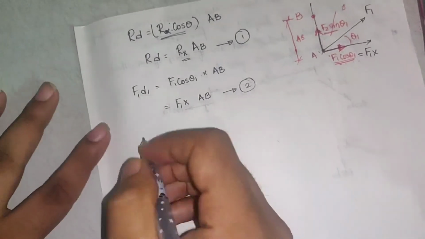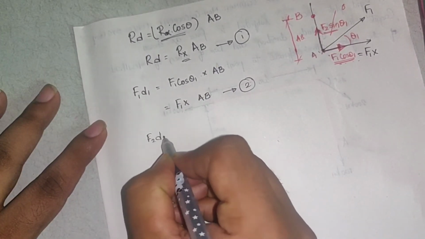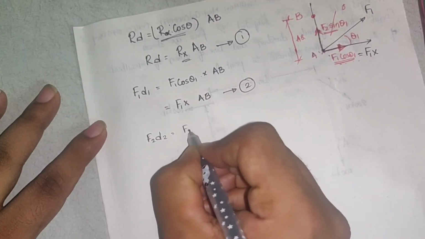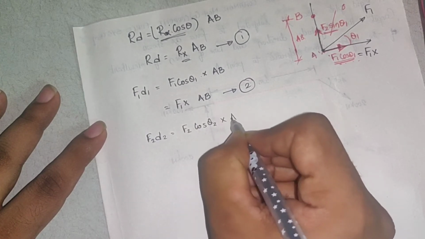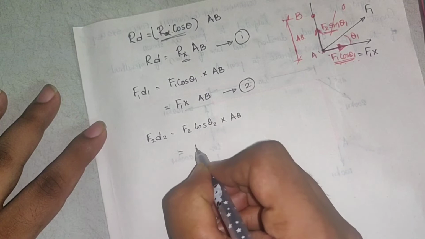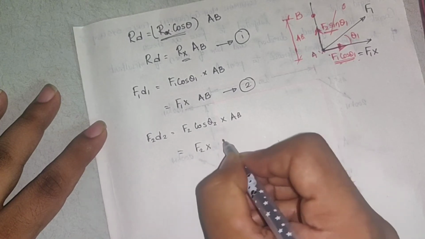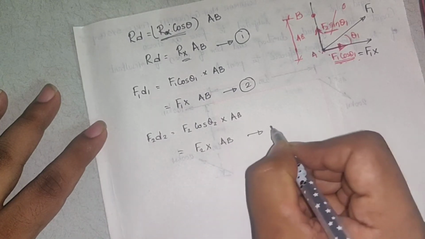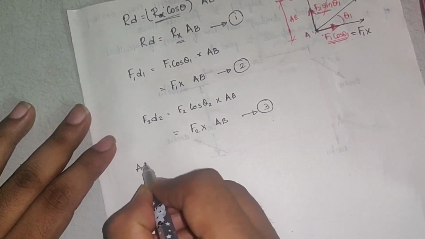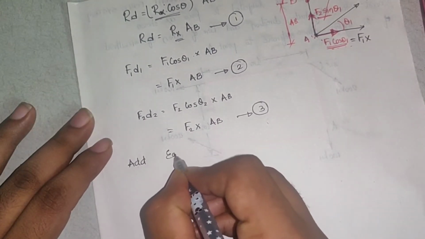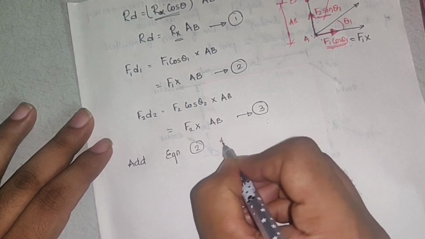On the same hand, I'll write for F2 into D2. F2 into D2 will be F2 cos theta 2 into the perpendicular distance AB, or F2X into AB. So this is equation 3. Now I'll add equations 2 and 3.